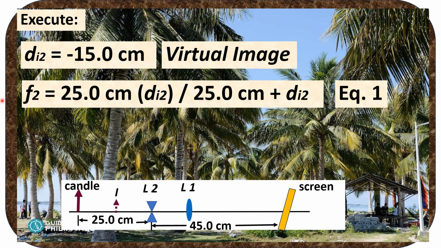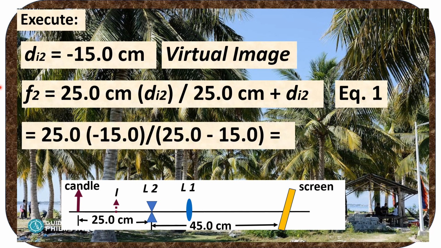Substituting completely, we have 25.0 centimeters times negative 15.0 centimeters, then divide this by 25.0 centimeters minus 15.0 centimeters.